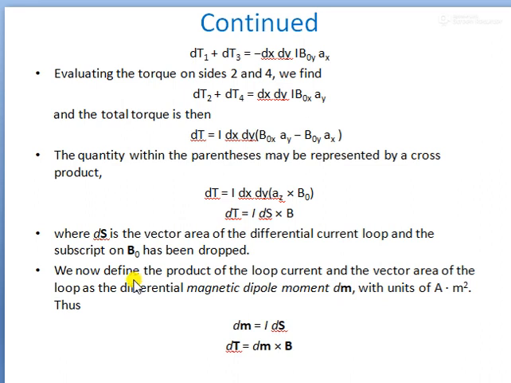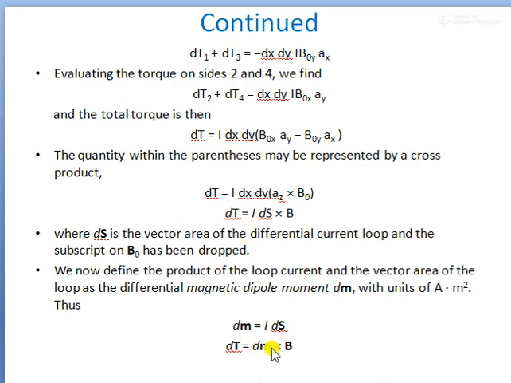Now we define the product of loop current and the vector area of the loop as the differential magnetic dipole moment dm, with its unit as ampere meter squared. Thus dm is equal to I dS.